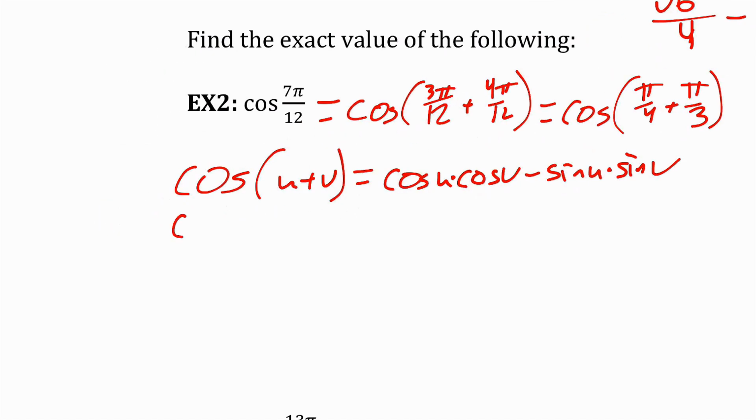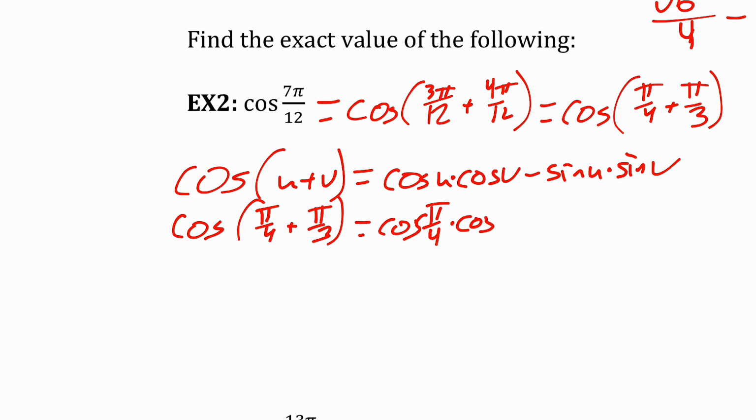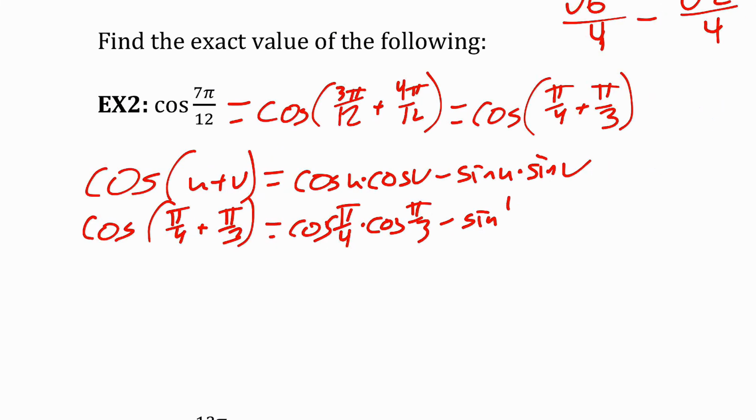So in our case, we replace all the u's with pi over 4 and all the v's with pi over 3. I have to be consistent with the order. So we get the cosine of pi over 4 times the cosine of pi over 3 minus the sine of pi over 4 times the sine of pi over 3.